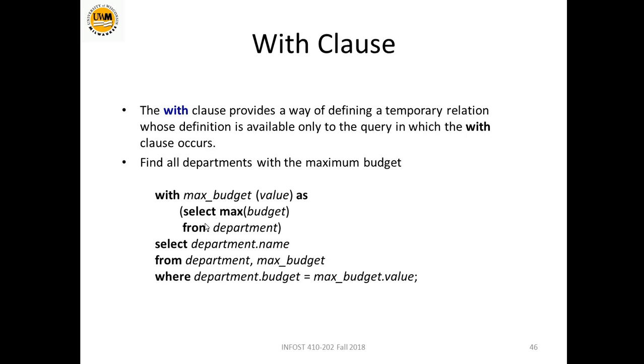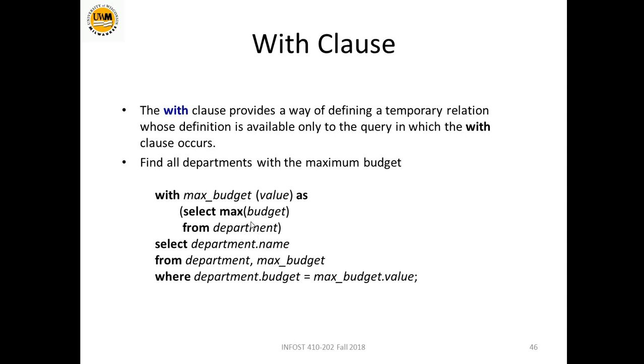The with clause provides a way of defining a temporary relation or table that is only available within the query. For example, find all the departments with the maximum budget. I want to create a table, so I will say with maximum budget value as select maximum budget from department.